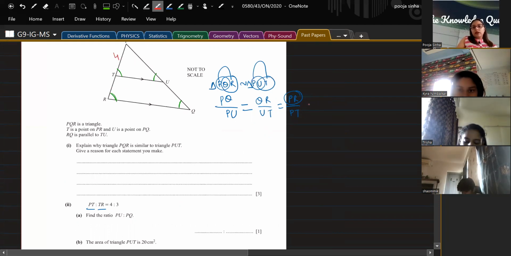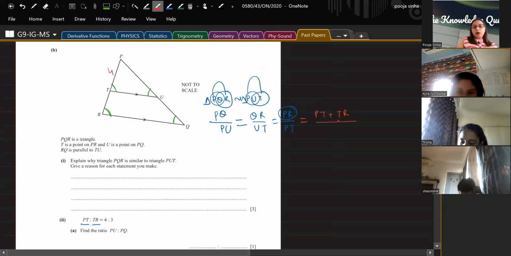Let's do one thing here. We can write the PR part in two parts: PT plus TR, upon PT. PT is to TR, so full PR can be written as PT plus TR upon PT.